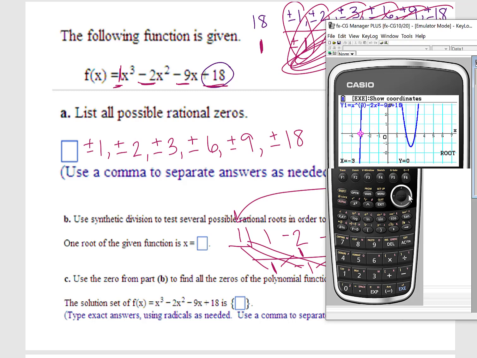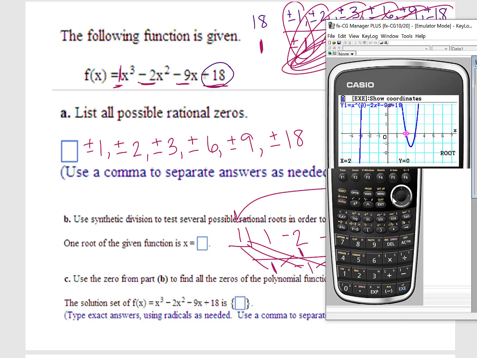But let's go ahead and arrow over. Okay, we see 2, so we have another rational root, and then go over to the right, and then we get positive 3. So that works out very nicely because all of our zeros, all of our solutions, are rational.